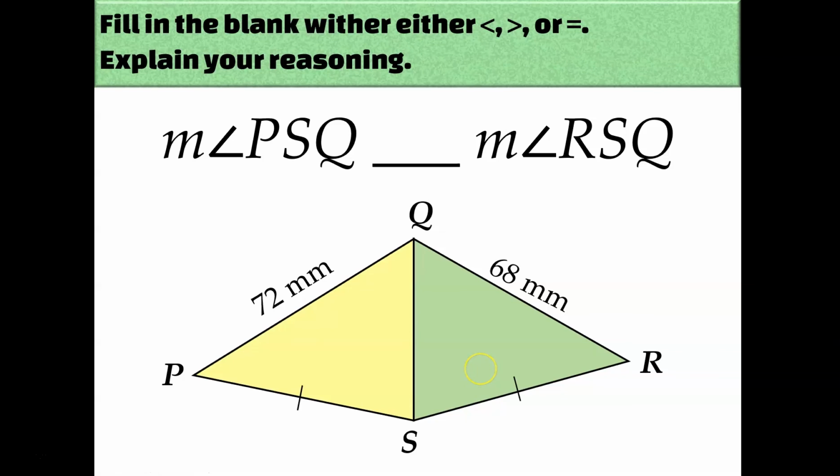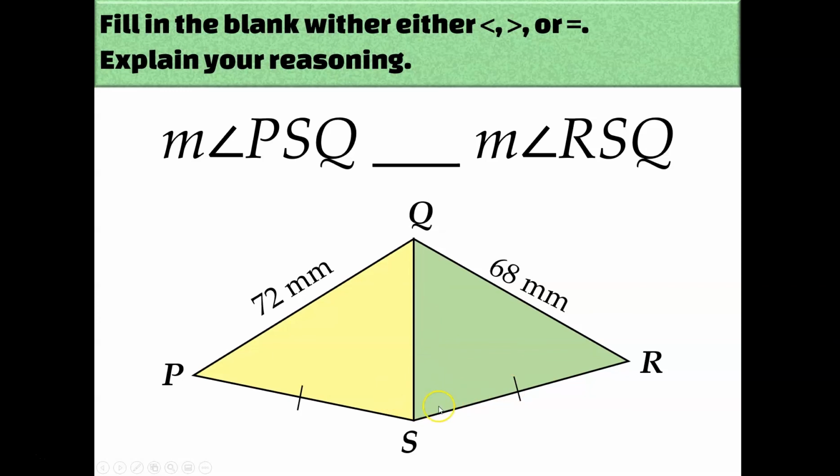We'll have to use the reflexive property again to solve this next problem, because we've only been provided one pair of congruent sides, but we do know that QS is congruent to QS by the reflexive property, so we do indeed have two pairs of congruent sides. And the question is angle PSQ, that's this one down here, is it less than, greater than, or equal to angle RSQ, so this angle right here?